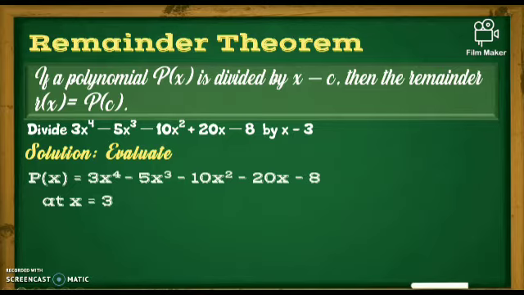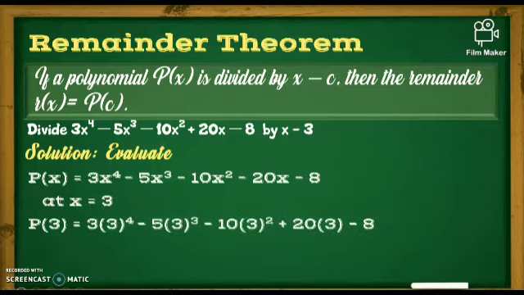Substitute 3 on all x, that is p of 3 is equal to 3 times 3 raised to 4 minus 5 times 3 raised to 3 minus 10 times 3 raised to 2 plus 20 times 3 minus 8.